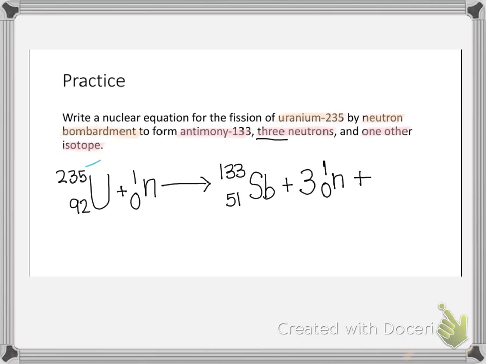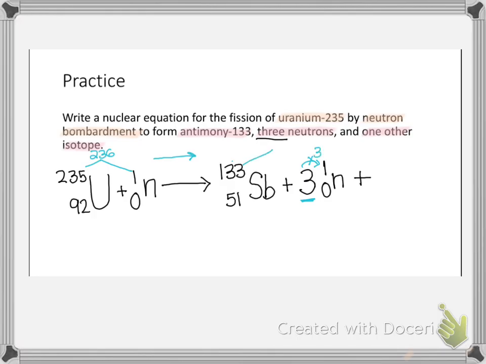So on the reactant side, 235 plus 1 is 236. Then we come over to the product side. We have 133. Now, since we have a 3 here, that's like a coefficient, so it has to multiply through. So 3 times 1, so there's 3 on the top.